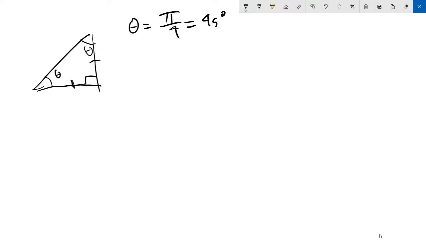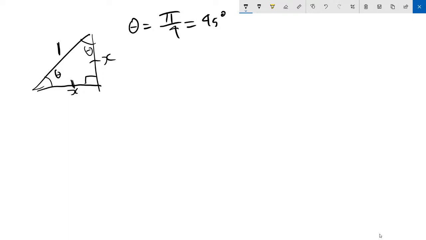And how we would figure out the values of the sine of pi over 4, the cosine of pi over 4, tangent of pi over 4, and so on, is by figuring out the properties of this special triangle, which is an isosceles triangle. So let's set the hypotenuse equal to 1, and this side is x, and this side is x.